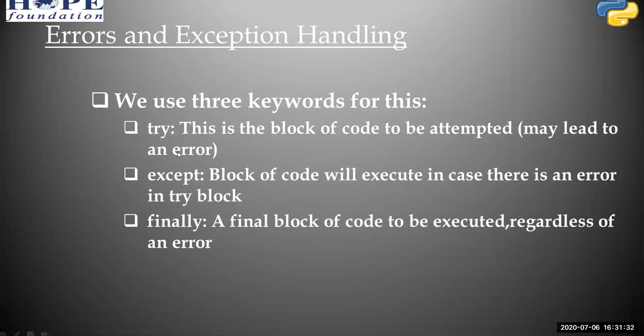If there is an error, it goes to exception, and if there is no error in the try block, it won't disturb, and finally prints that value. That's all. It is a final block of code to be executed regardless of an error.